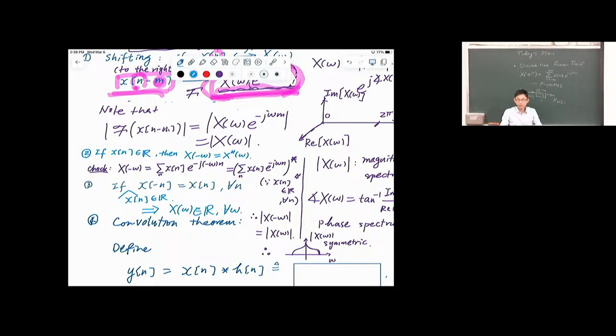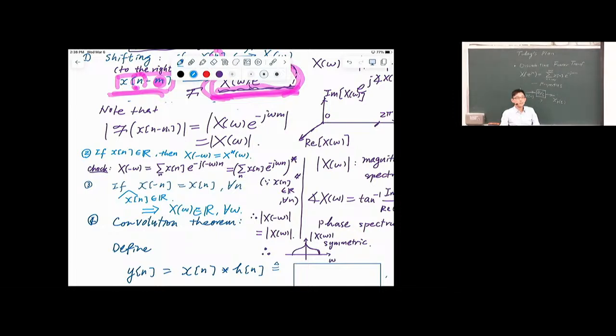You can check that as an exercise. Symmetry in one domain means being real valued in the other domain. And you can easily check that.